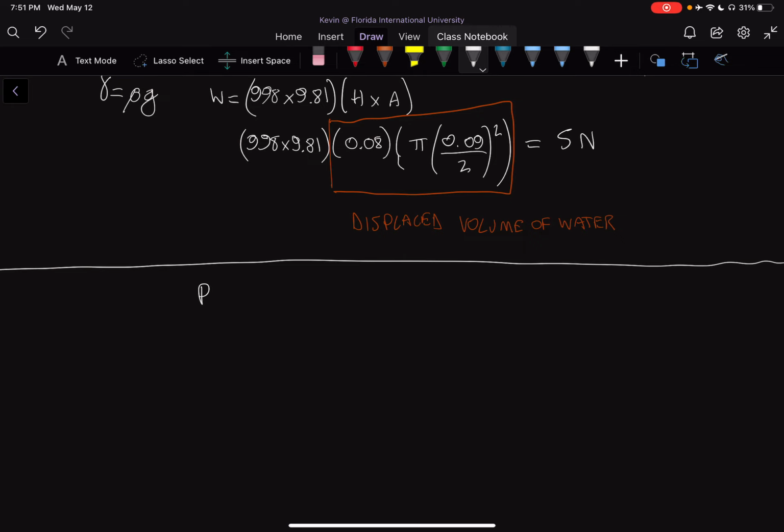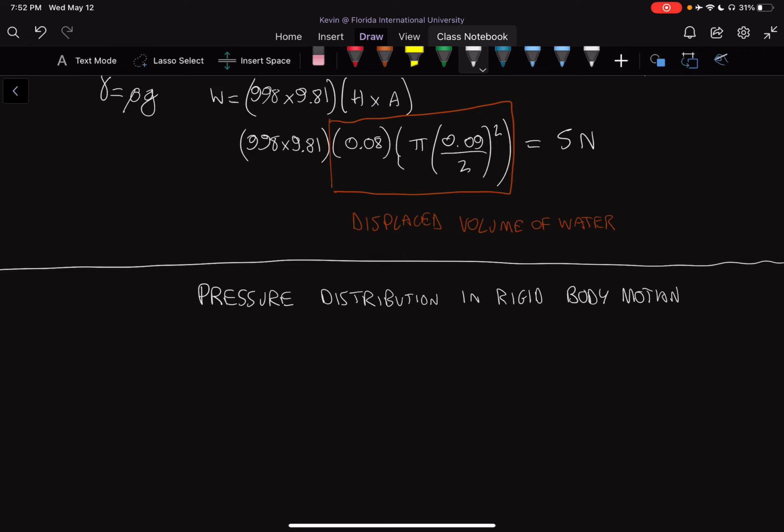So the next thing I want to talk about is called pressure distribution in rigid body motion. And the question is, what happens if we move or accelerate a body with a liquid in it?